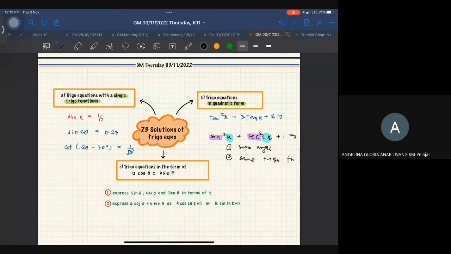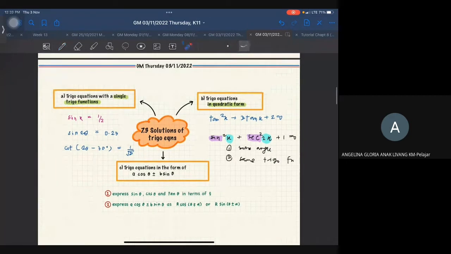Like this. Okay, so mesti pastikan dia same angle macam dekat atas, x kat sini, sini pun x. Okay, and then dia mesti same trigo function. This one here is tangent, this one here is tangent as well. Okay, so awak kenalah modify sikit soalan awak yang this one. So tukar dulu maybe dia punya angle, lepas tu dah tukar angle, dah single-single, macam mana nak jadikan dia satu je trigo function. Okay, so that is for the second case.